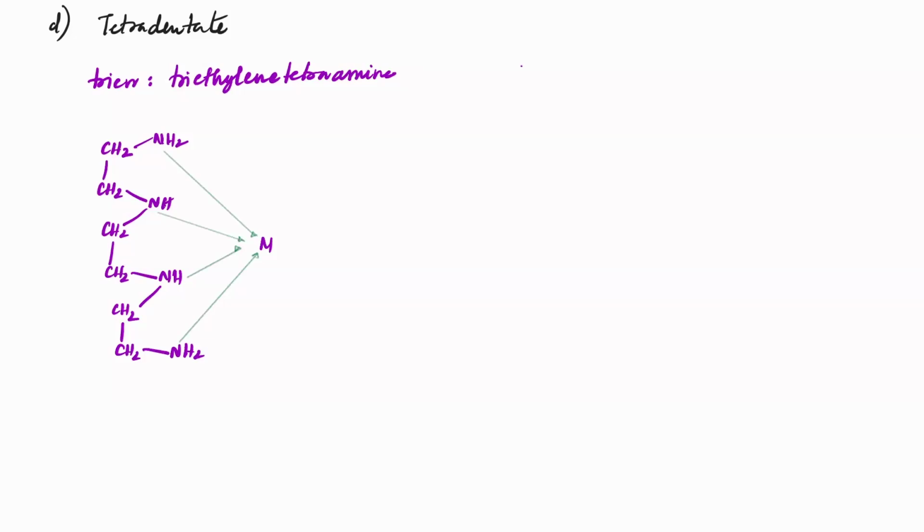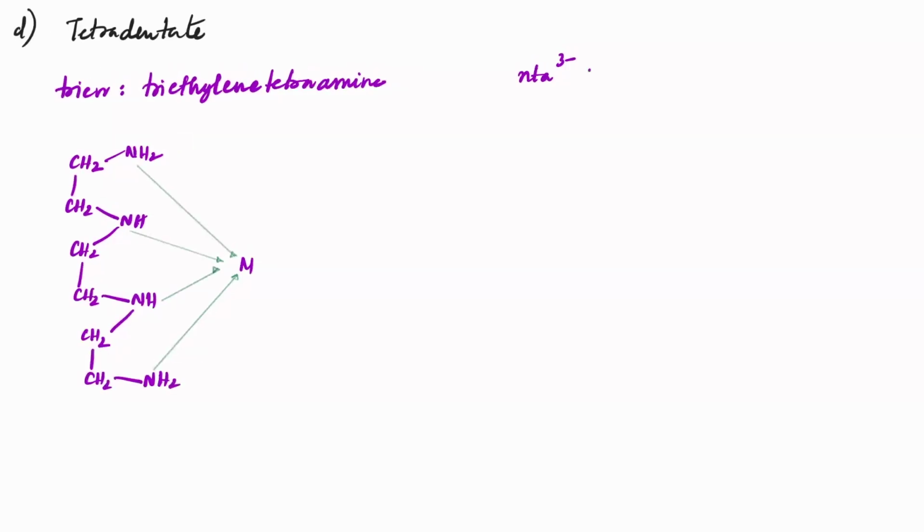Similarly, the other one which is used here is NTA. NTA is easy to remember, I'm sure. Correct? NTA 3 minus. NTA is nitrilo triacetato. That means now nitrogen has all three connections. Okay, nitrogen with acetate groups.